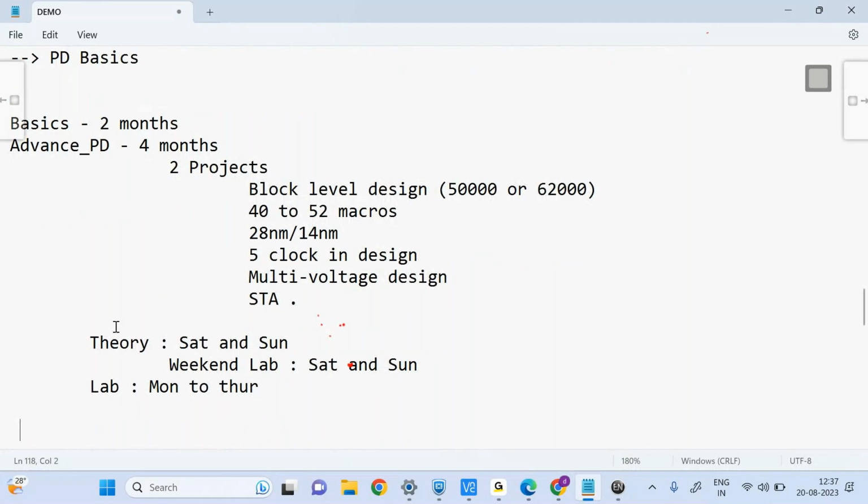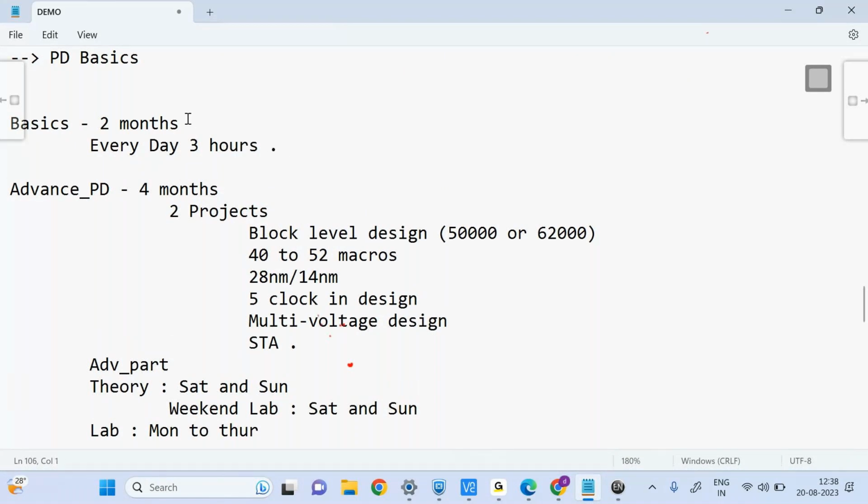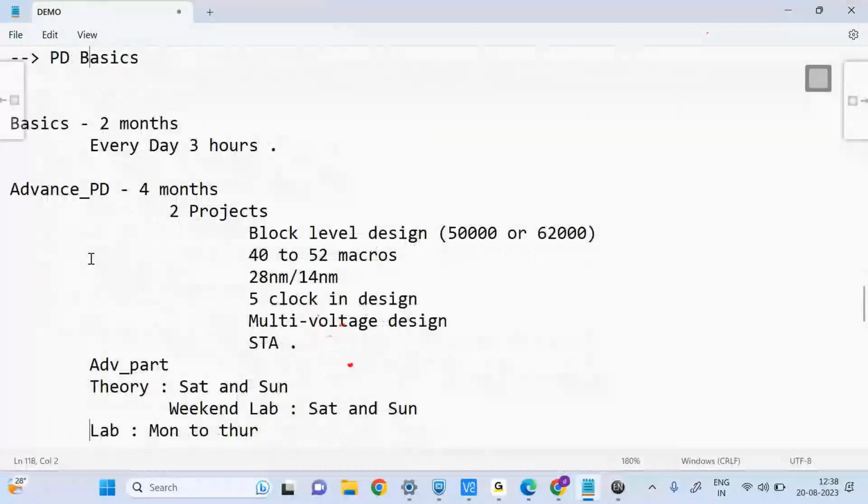Basics is every day 3 hours, till you complete it. TCL and PD basics are every day 3 hours.